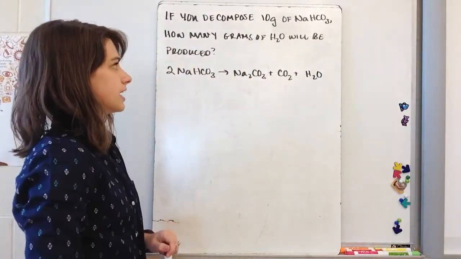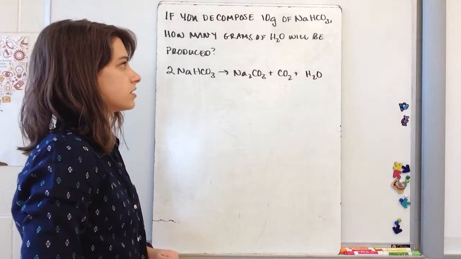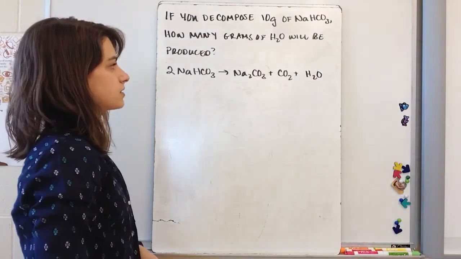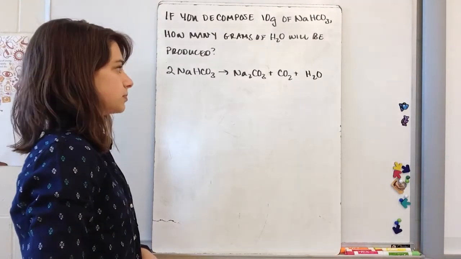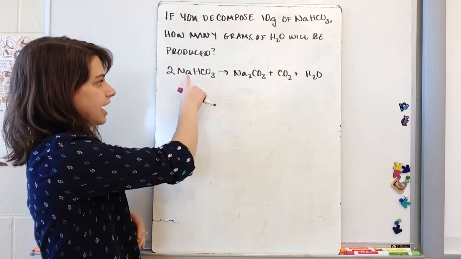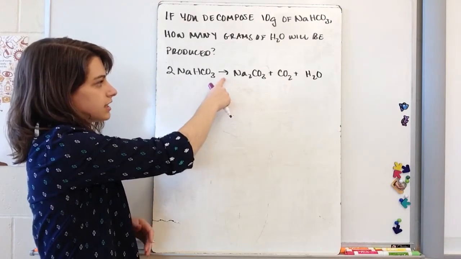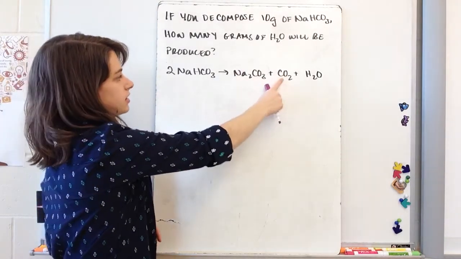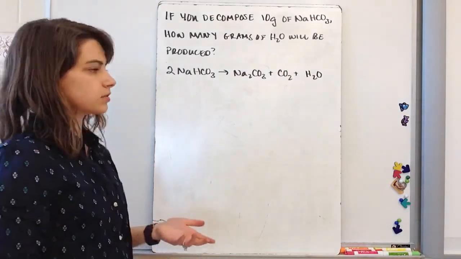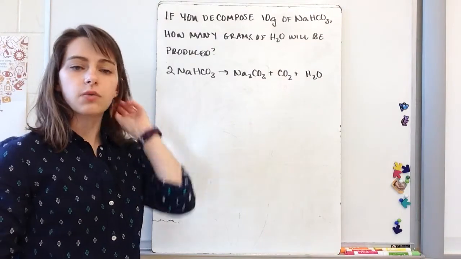So our first example says, if you decompose 10 grams of sodium bicarbonate, NaHCO3, how many grams of water, H2O, will be produced? So here's our balanced chemical reaction. So we have 2 NaHCO3 decomposing into Na2CO3, CO2, and H2O. And so we're going to start with what we know.